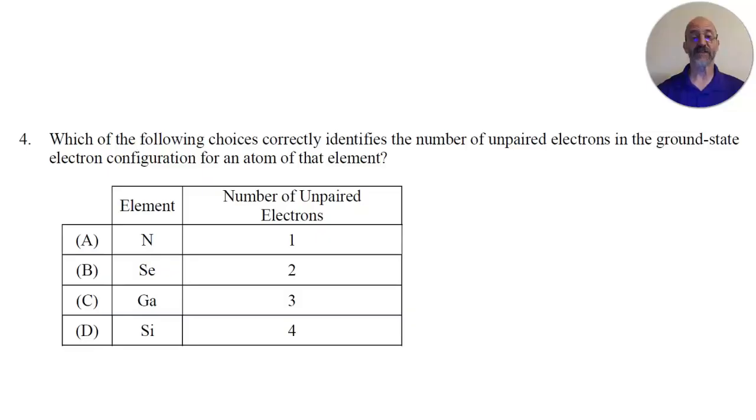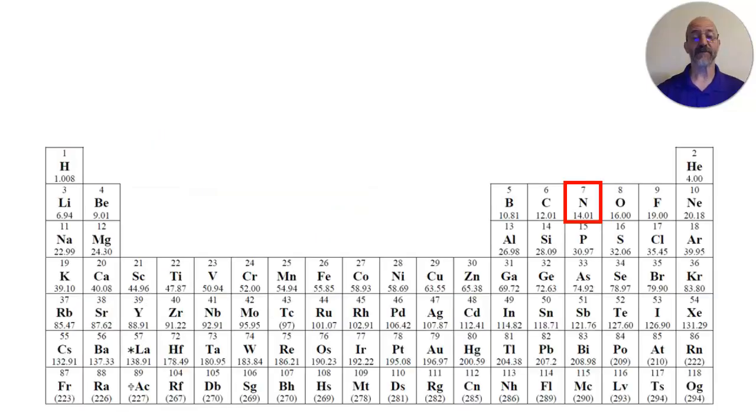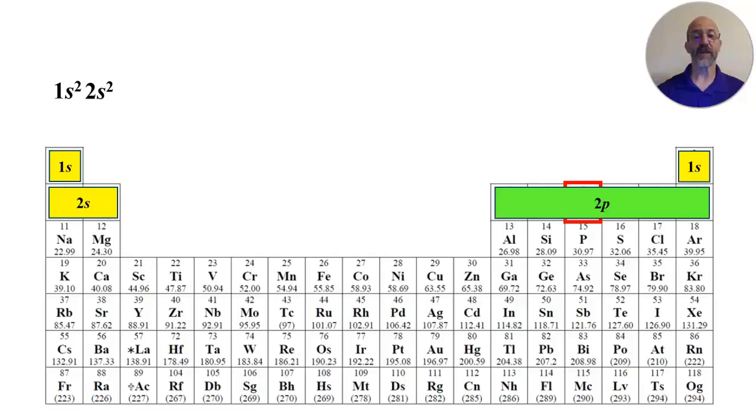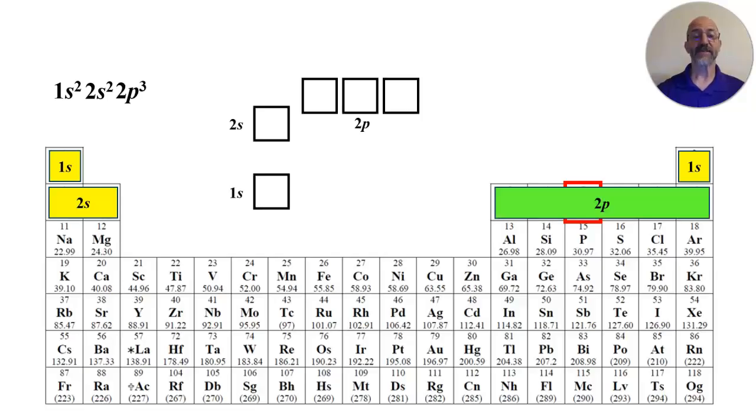Let's start with nitrogen. So nitrogen has atomic number 7, and its electron configuration would begin with 1s2, followed by 2s2, and then finally 2p, but we're stopping at 2p3. So here is the electron energy level diagram: there would be 2 electrons in the 1s, 2 electrons in the 2s, and then 3 electrons in the 2p sublevel.